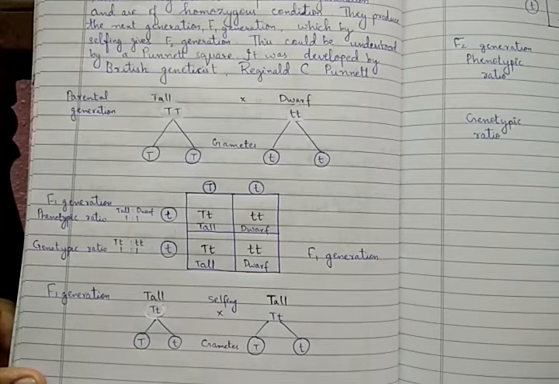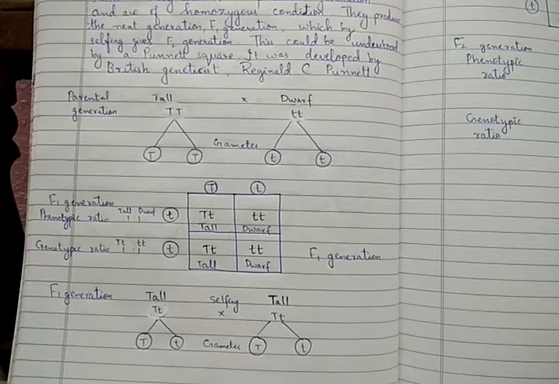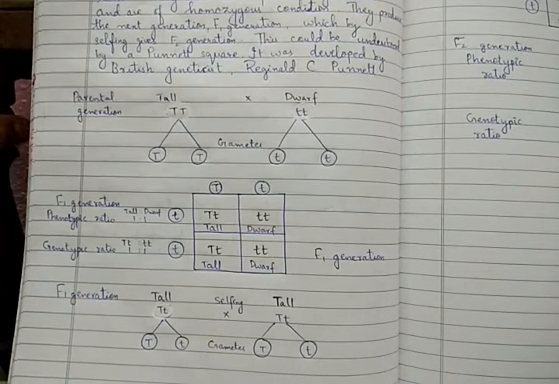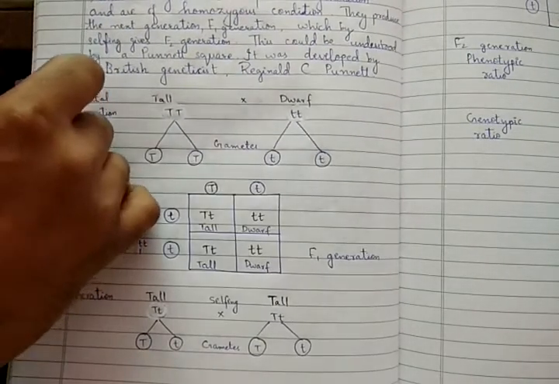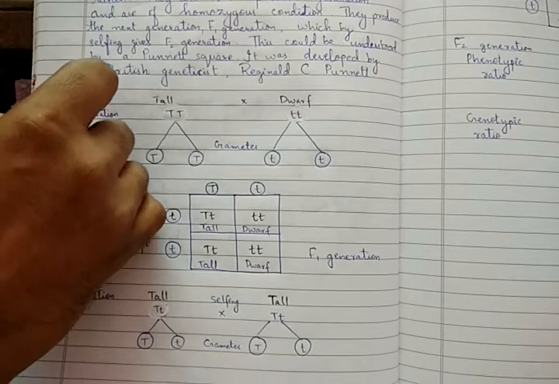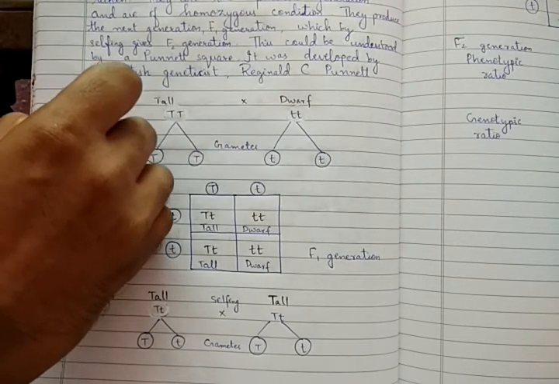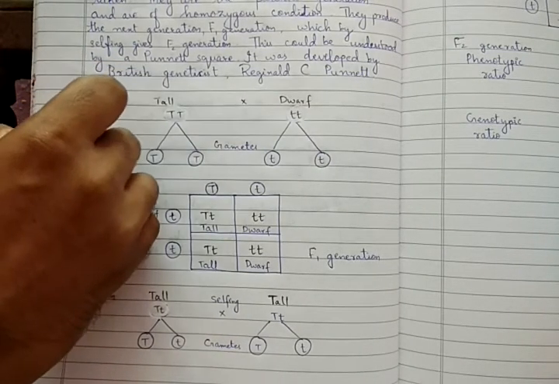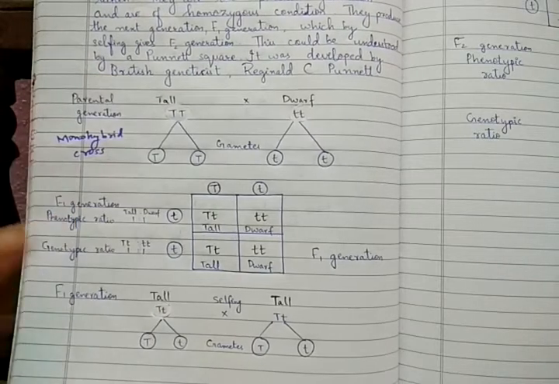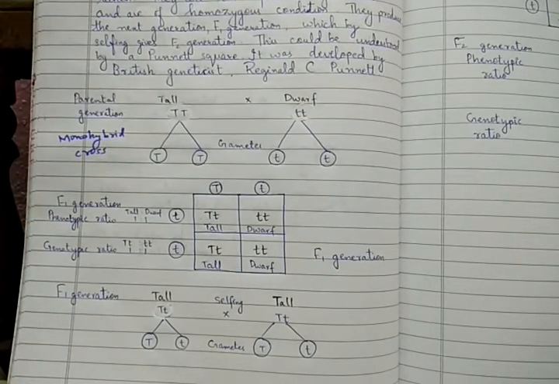I already discussed the process of a single character, which means a monohybrid cross. So we are discussing here the monohybrid cross, or the process of generation of a single character.